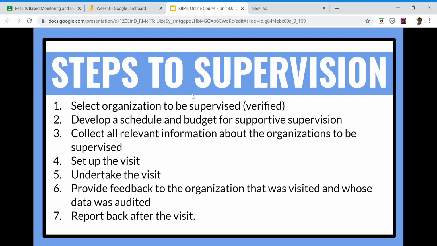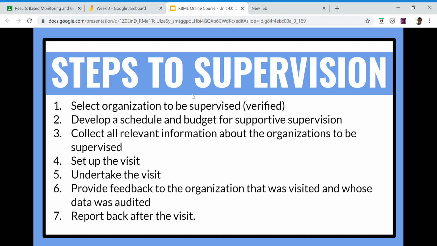Yes, most organizations now might have an archiving system for their data, if you can retrieve it easily. So these are several things you do during the visit itself, just for you to ascertain. And it is during those visits that you do that proper auditing that we're talking about.